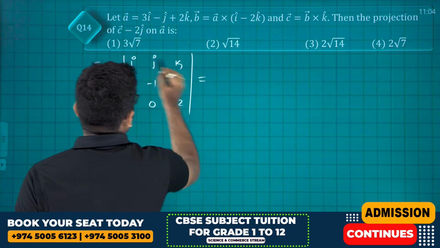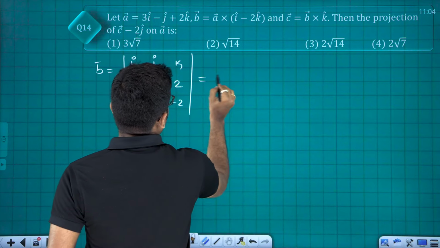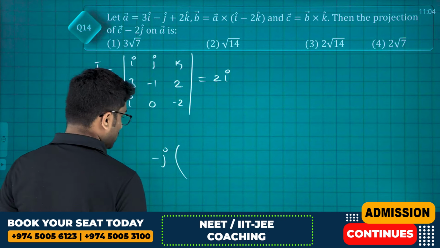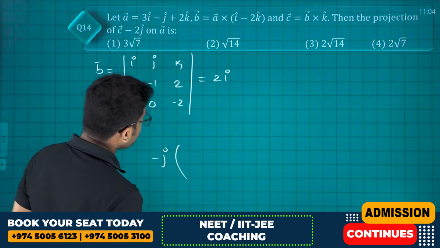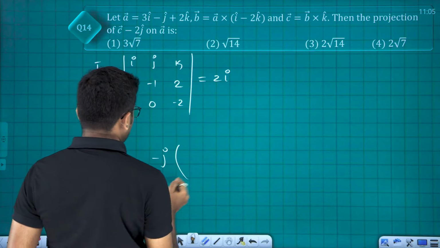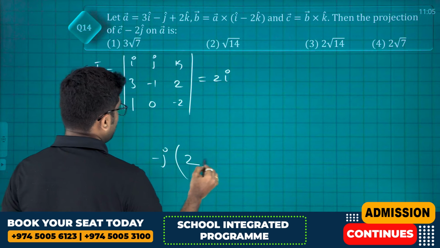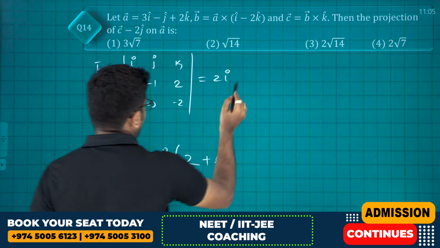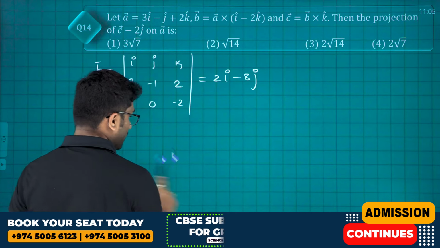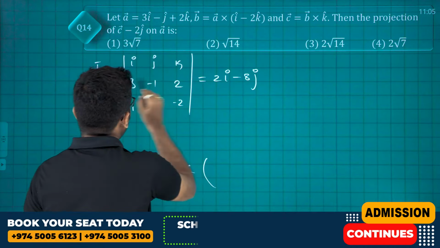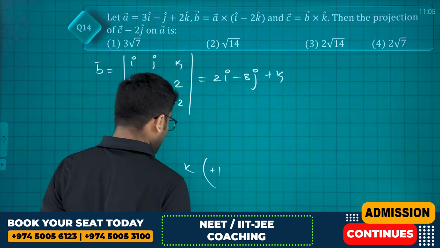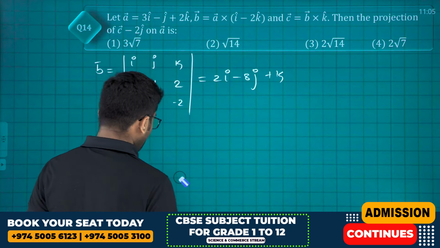This gives i of 2, minus j of 1 into minus 2 plus 3 into 2, which is 6, that is minus 8j, plus k of 3 into 0 plus 1, that is k. So B bar is 2i minus 8j plus k.